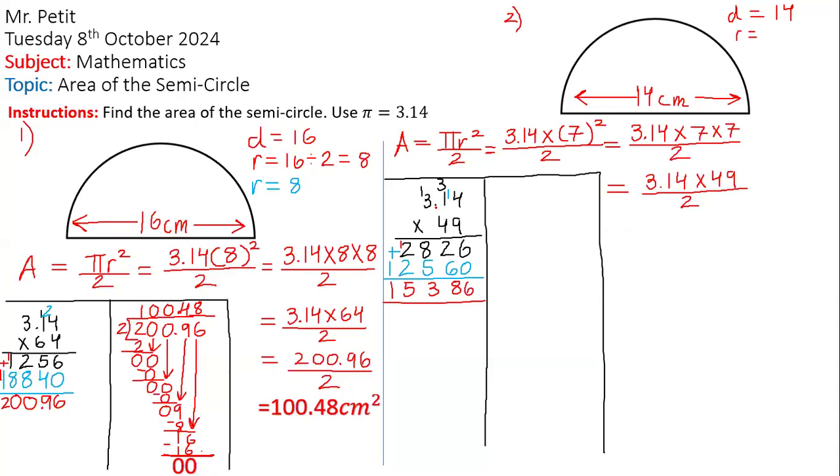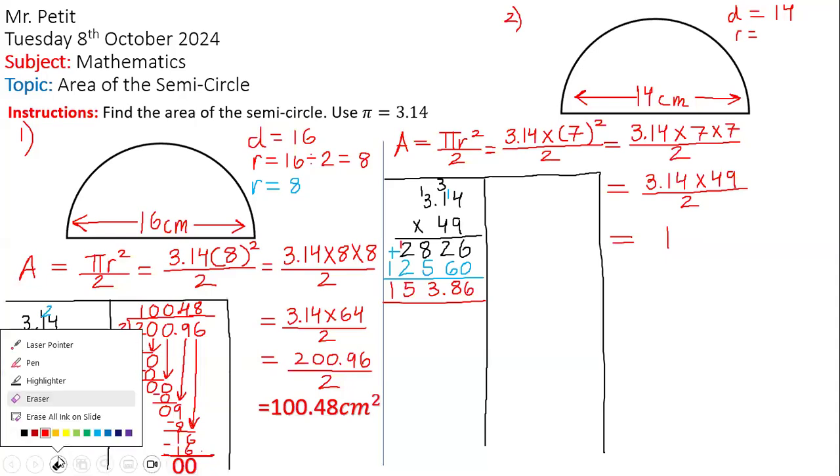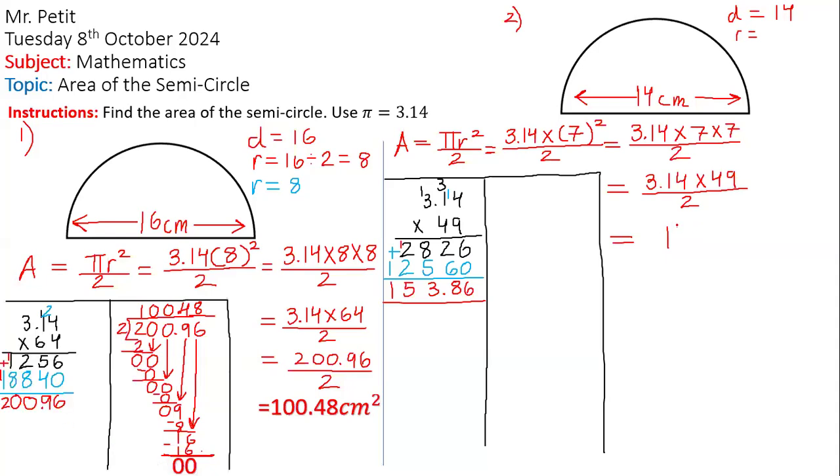We have to put the decimal point, right? After the two numbers, so it's going to be 153.86, all over 2.